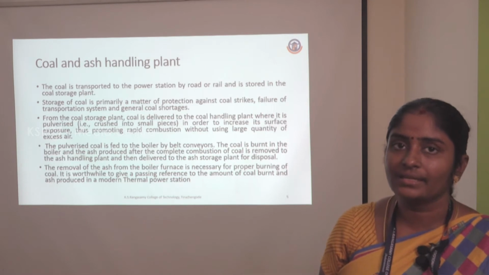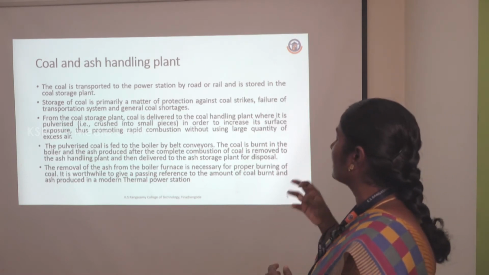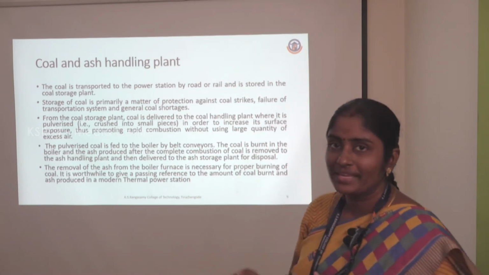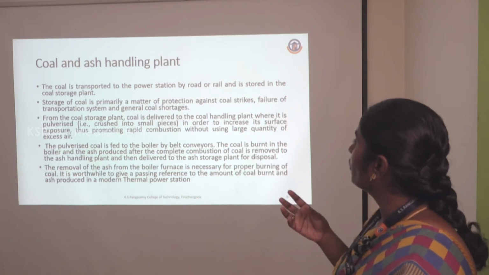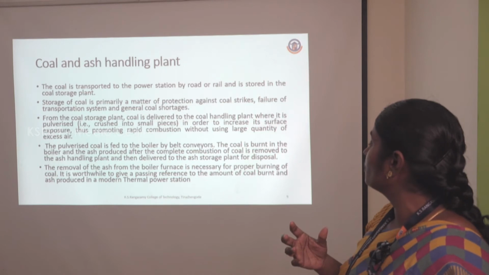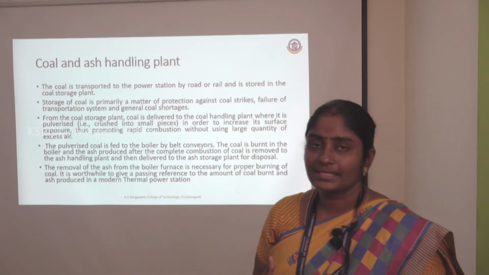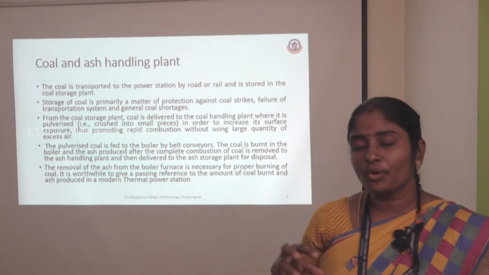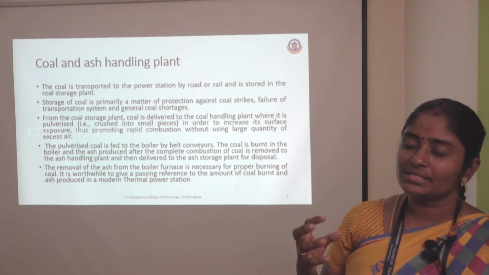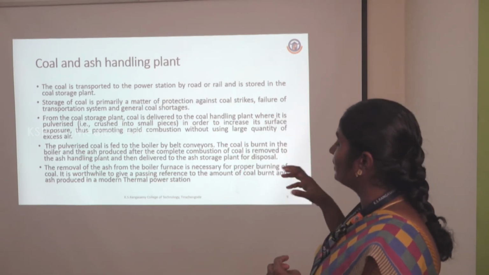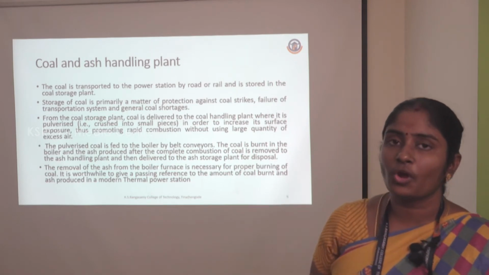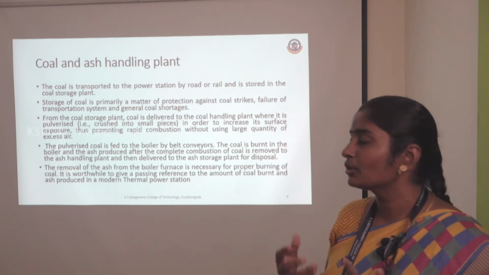As I already said, pulverized means crushing the coal into very small pieces in order to increase its surface exposure, thus promoting rapid combustion without using a large quantity of excess air. When it is crushed into small pieces, it burns quickly.